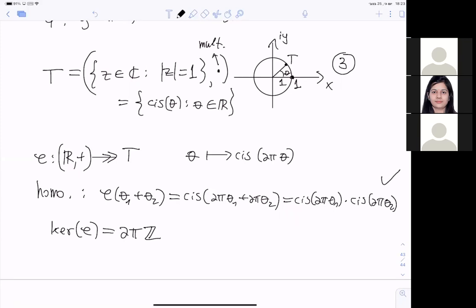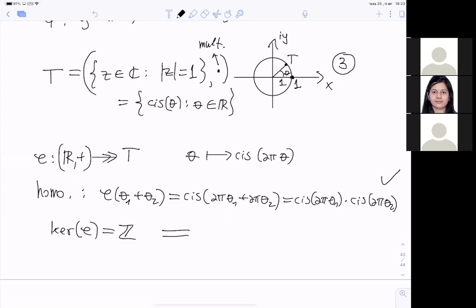And now I'm asking you, what is the kernel now? I've changed it a little. I took theta to cis 2 pi theta. So what will be the kernel now? Now it is only Z. Yes, exactly.